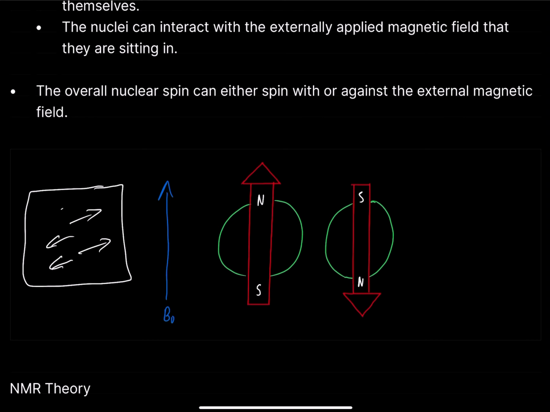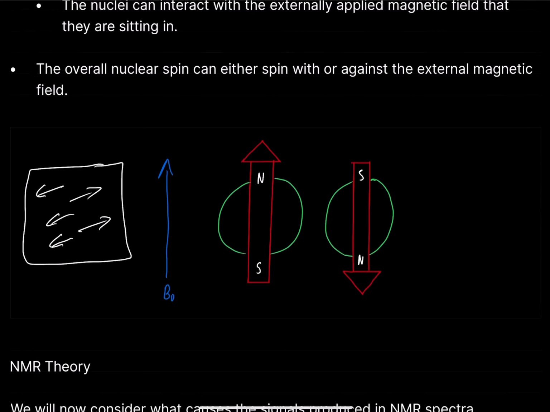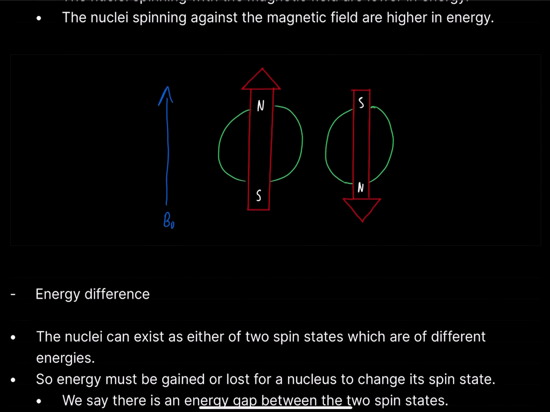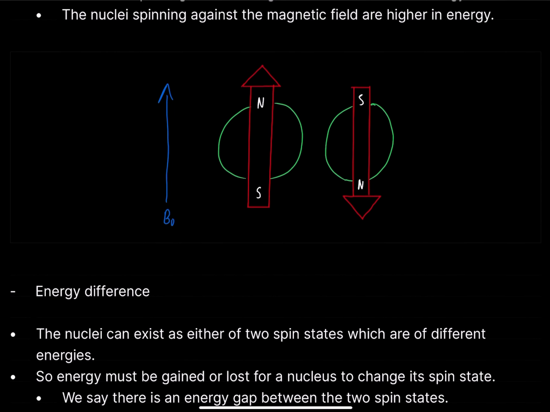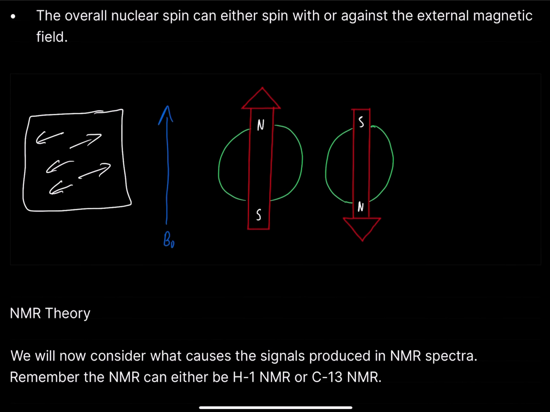And that overall spin is needed. That's what we measure; we're measuring that overall spin. We're able to measure the overall spin, but even though there's an overall spin, there's still some going in the opposite direction.